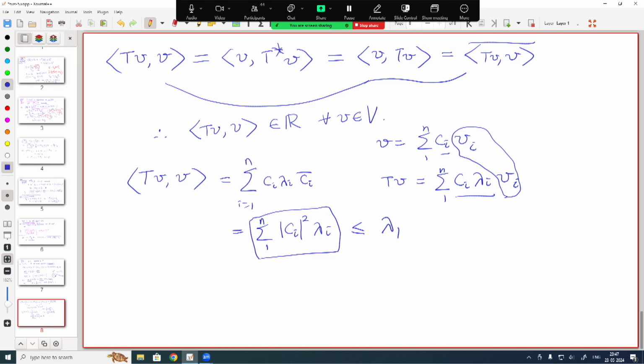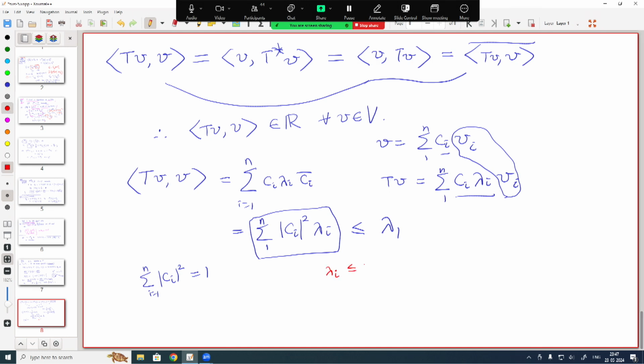These c_i's are less than 1. Okay. c_i's had a property, right? What is the c_i property? Summation |c_i|^2 is equal to 1. So, now we just have to correctly set up the inequality. Right. So, you just have to replace all lambda_i by lambda 1, that is all.